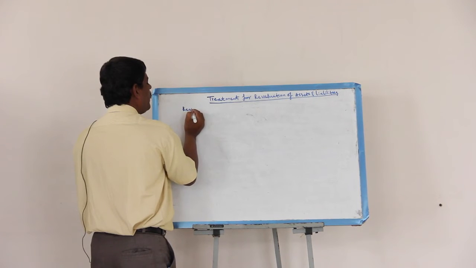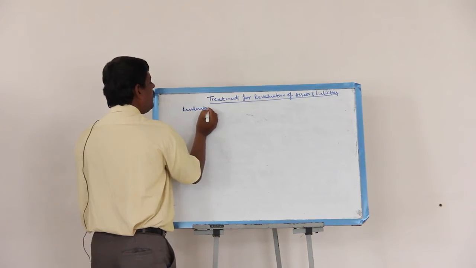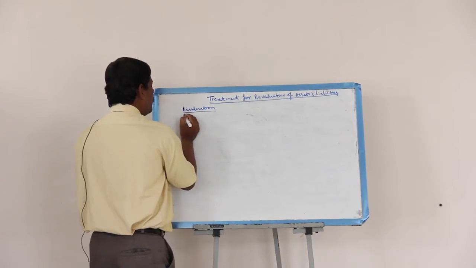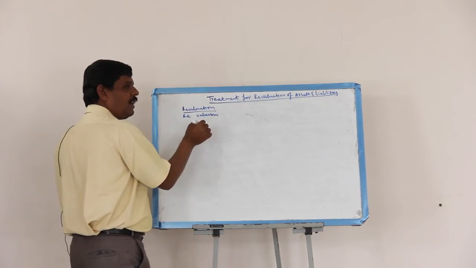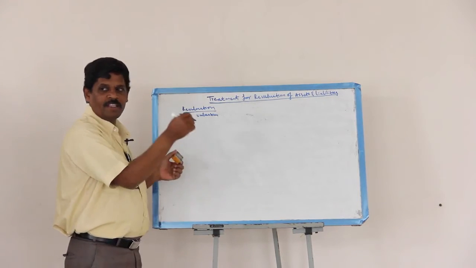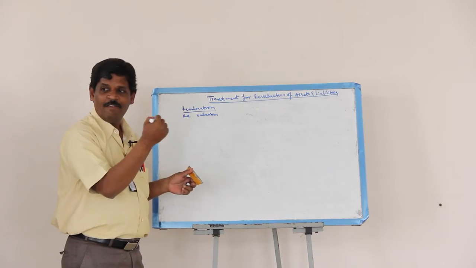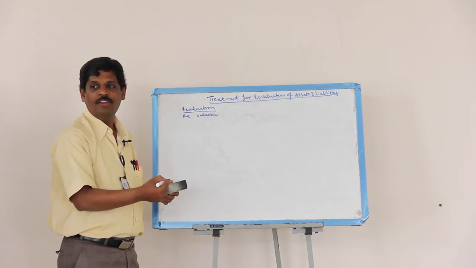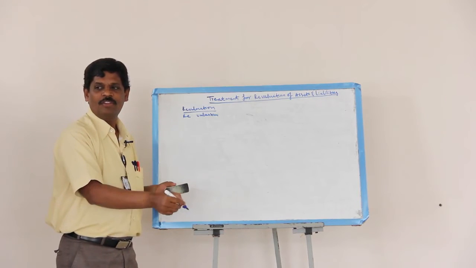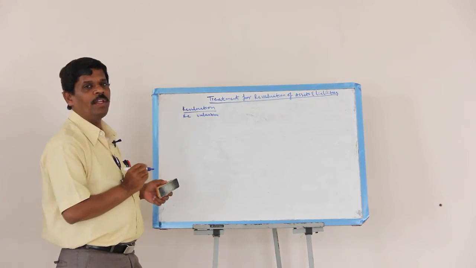Revaluation. What do you mean by revaluation? Revaluation is nothing but re and value. The asset is already existing, you have valued it and it is appearing. You are doing revaluation. That means you are recalculating the value of the assets and the liabilities which are already existing in the business.